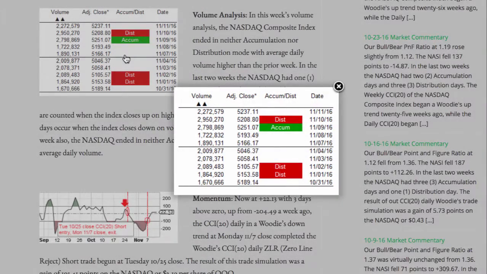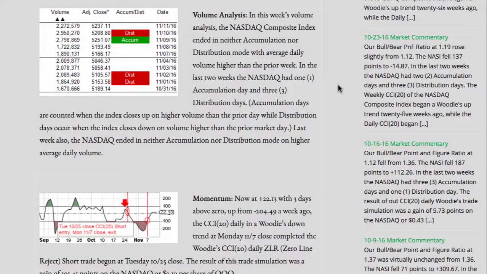Volume Analysis. In this week's volume analysis, the Nasdaq Composite Index ended in neither accumulation nor distribution mode, with average daily volume higher than the prior week. In the last 2 weeks, the Nasdaq had 1 accumulation day and 3 distribution days.